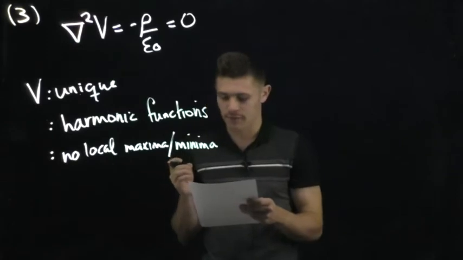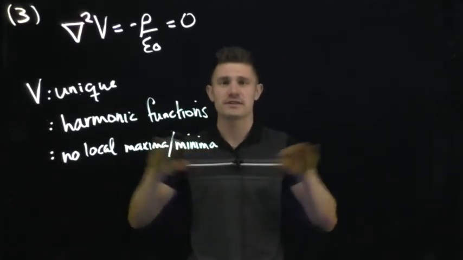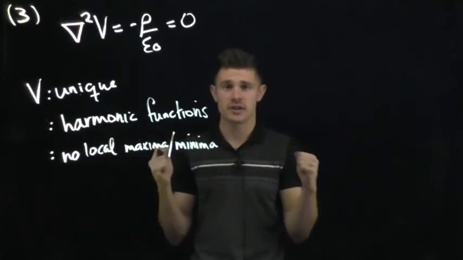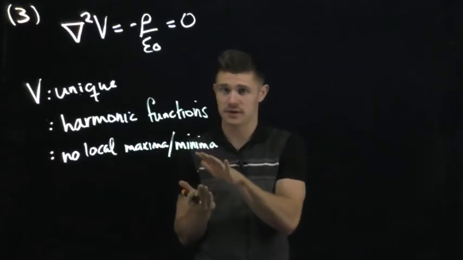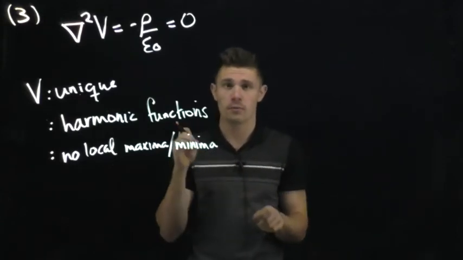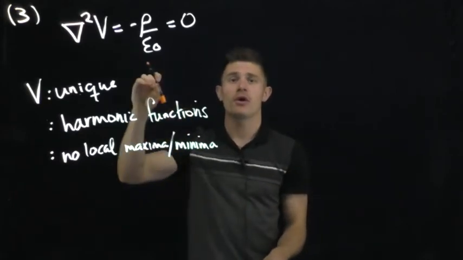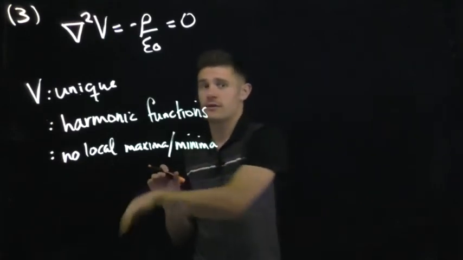If I can give you a conceptual way to think about it, it's as if you're stretching a sheet over some sort of metal structure, and when you stretch that sheet across it, the sheet is going to minimize the surface area, and there are going to be no local maxima, no local minima, no peaks and valleys. So if you were to drop a ball at any point on that sheet, the ball would roll off the edge.